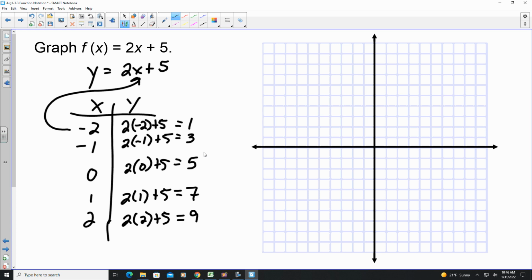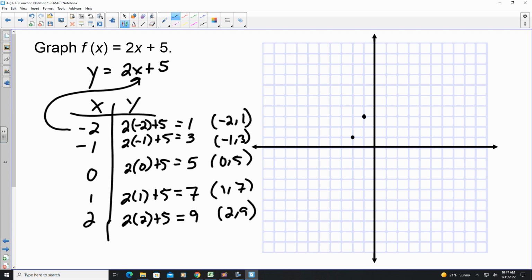Okay, so I got my ordered pairs. This is -2, 1. This is -1, 3. This is 0, 5. I got 1, 7, and 2, 9. So plot the points. Here, here, here, here, and here.